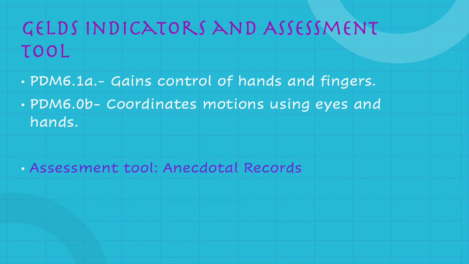Some JELDS indicators that I've included to help with this are gains control of hands and fingers, and coordinates motions using eyes and hands. In this area, I will include the assessment tool of anecdotal records to assess the children.